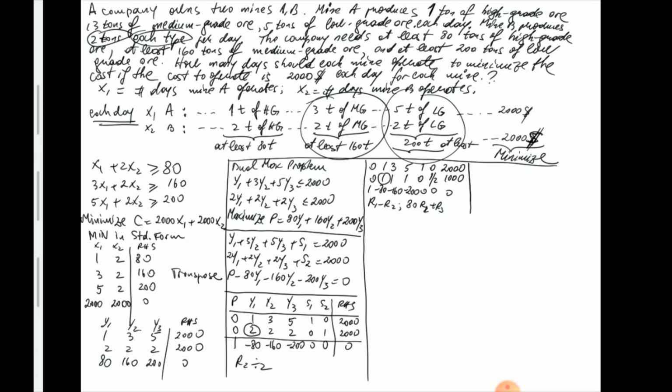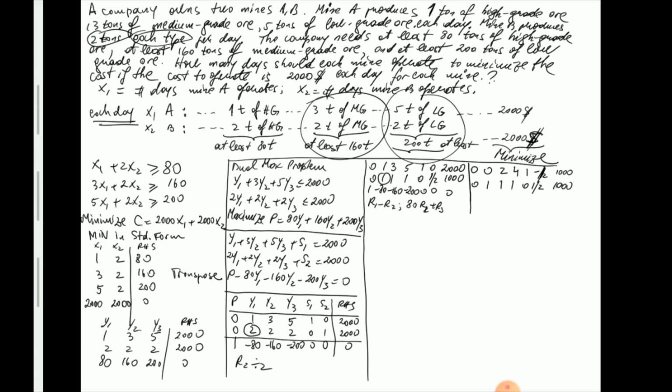So 0 minus 0 is 0, 1 minus 1 is 0, 3 minus 1 is 2, 5 minus 1, 4, 1 minus 0, minus 1 half, right, from 0 minus 1 half, and 2000 minus 1000, that's 1000. 0, 1, 1, 1, 0, 1 half, 1000.